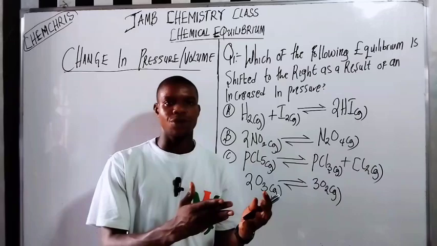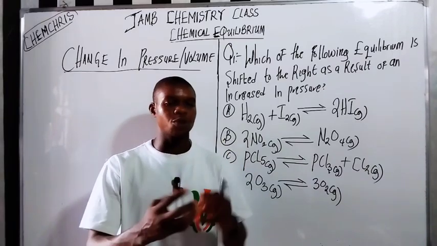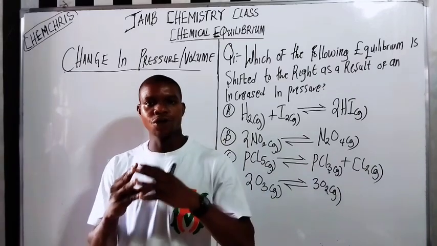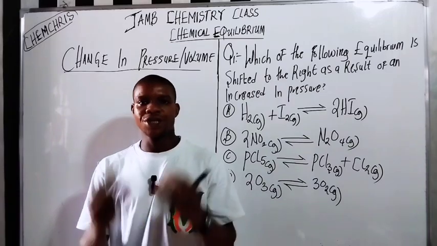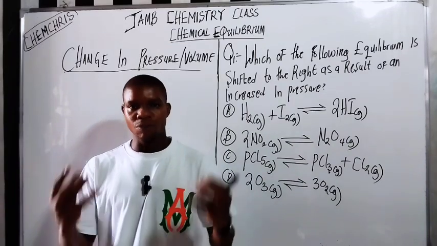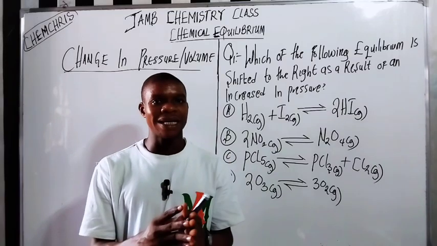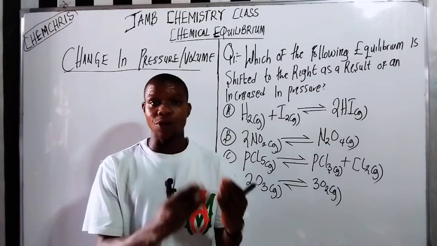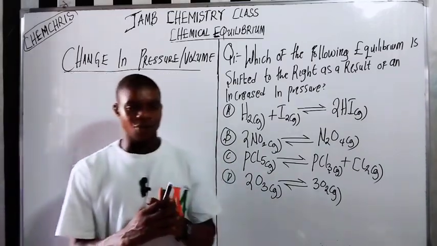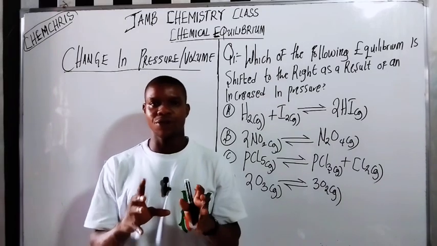When you increase the concentration of a reactant, the equilibrium will shift to the right. Then I also explain how change in temperature affects the equilibrium position. These are things you must know and master very well in order to be able to answer specific questions in this video. And we are going to look at those types of questions in this class.